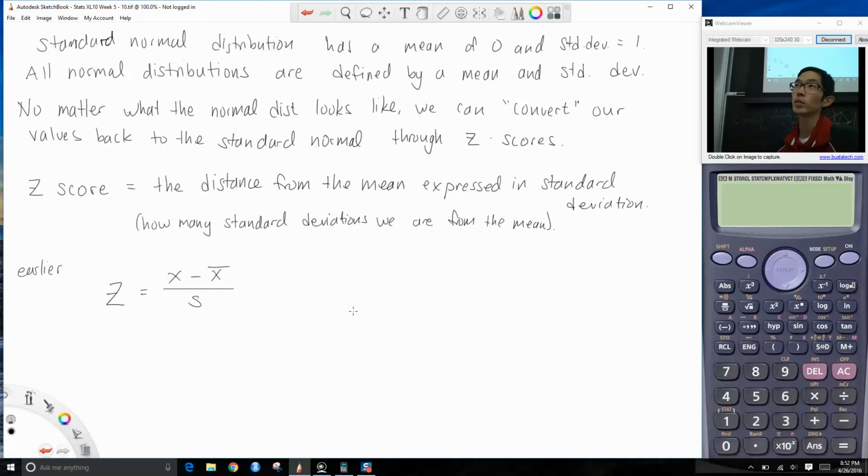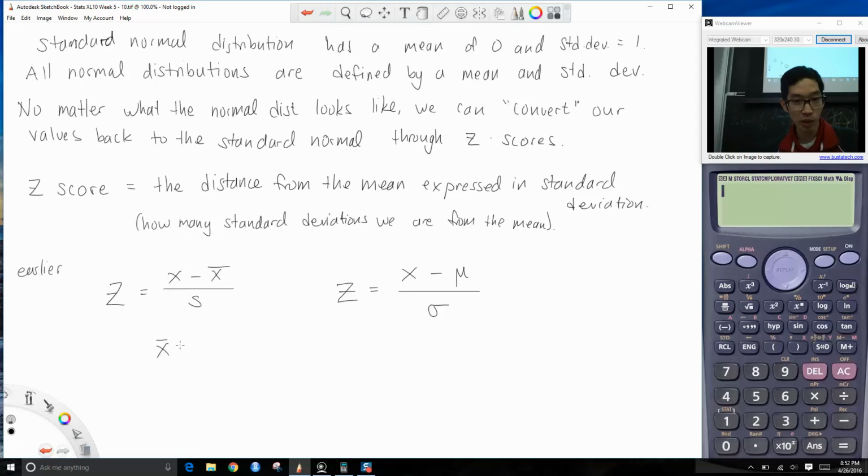Now, when you deal with theoretical things, we replace x bar and s with Greek letters, okay? So essentially, it's also going to be x minus mu divided by sigma. These essentially say the exact same things, okay?